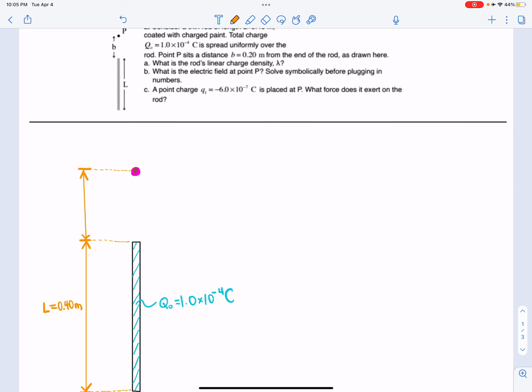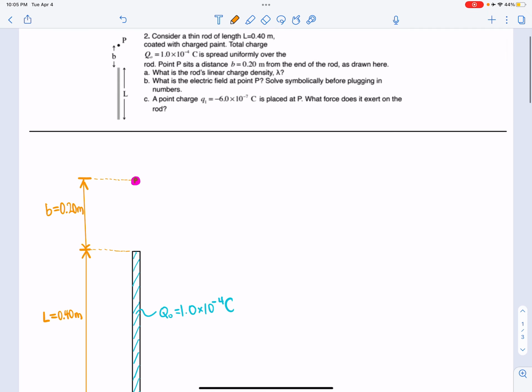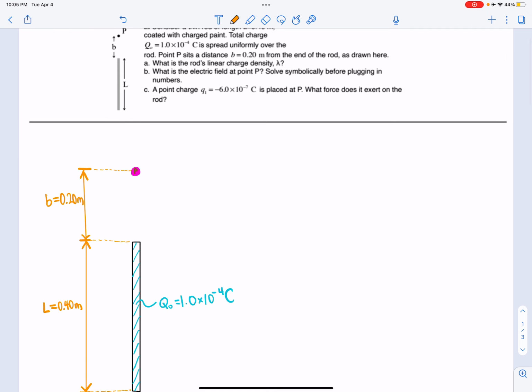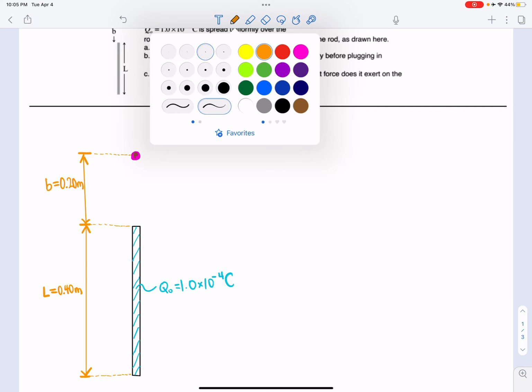So B equals 0.2 meters. And we have to find out the rod's linear charge density.